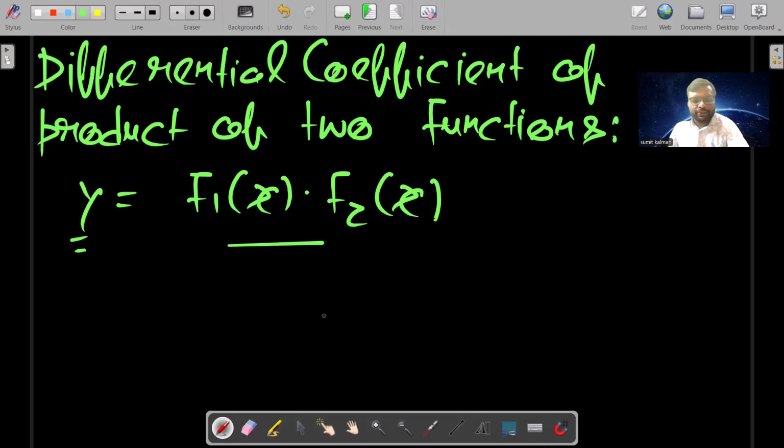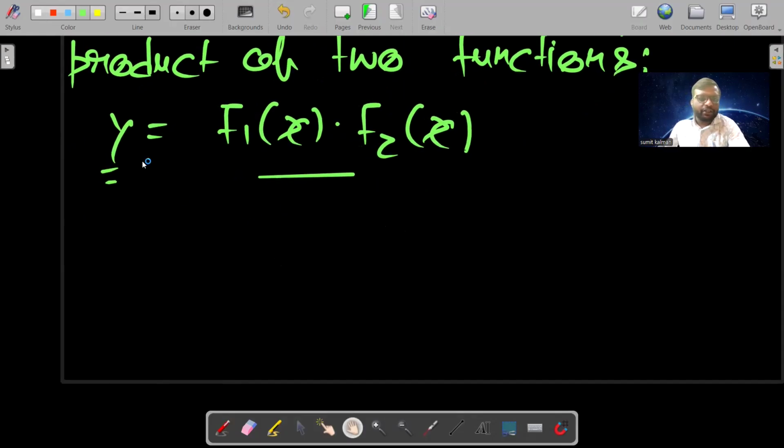Now students, if we have to find the differential coefficient, that is dy upon dx, then how to find?